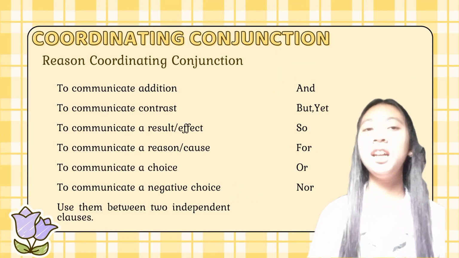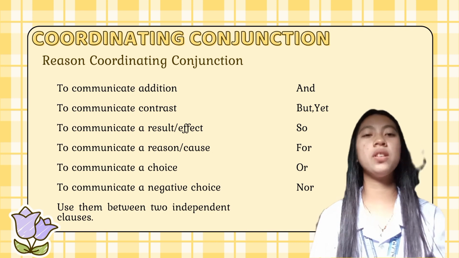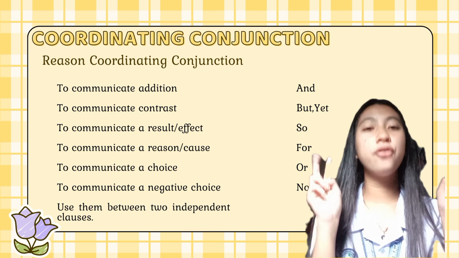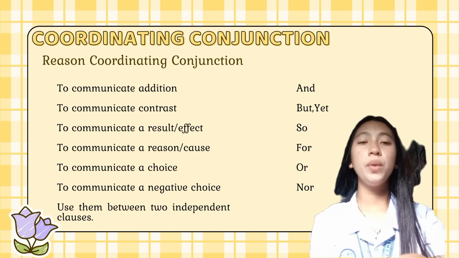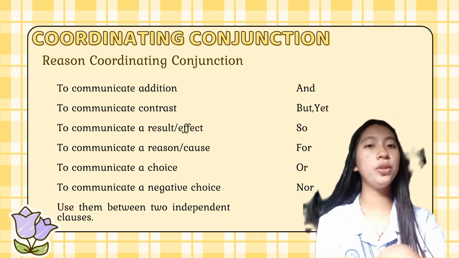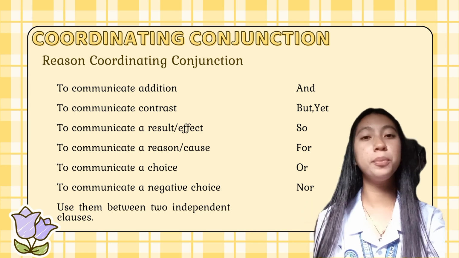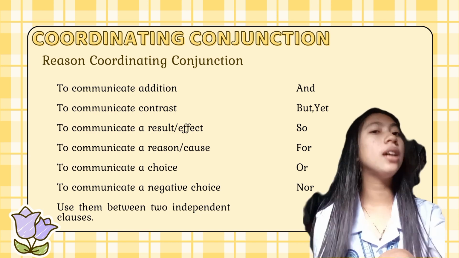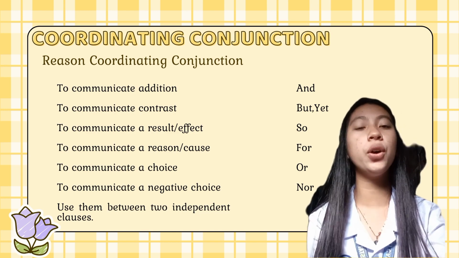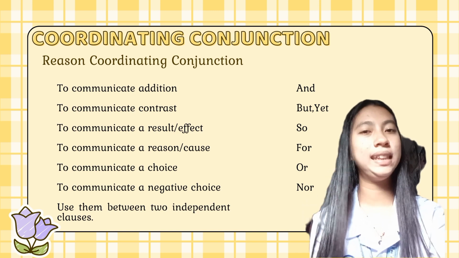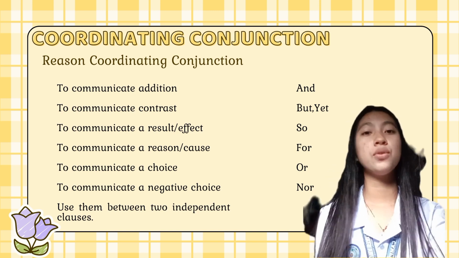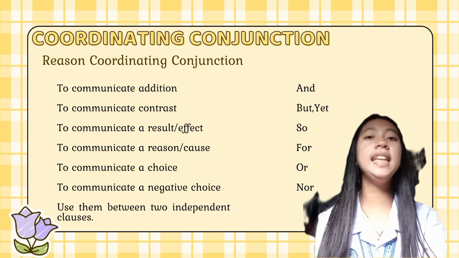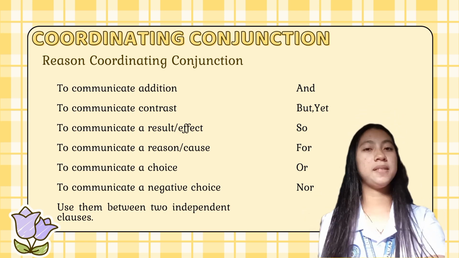So, here are the reasons when to use coordinating conjunctions, or what we call FANBOYS. We use and to communicate addition or combine similar ideas. We use but to communicate contrast or opposition between two ideas. We use so to communicate a result or effect indicating a consequence.